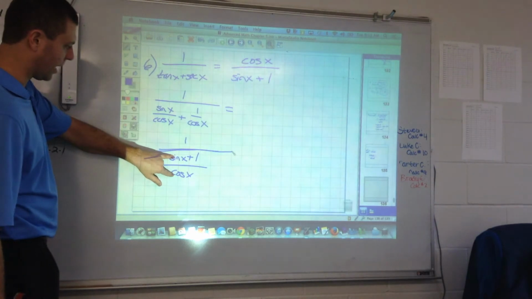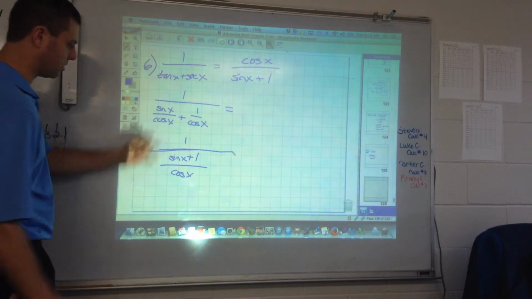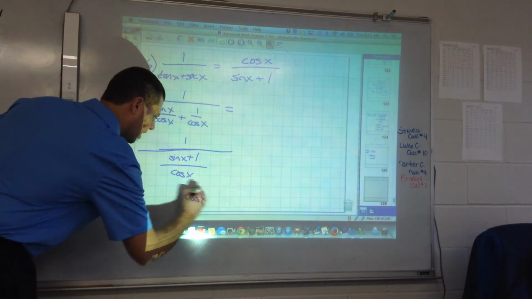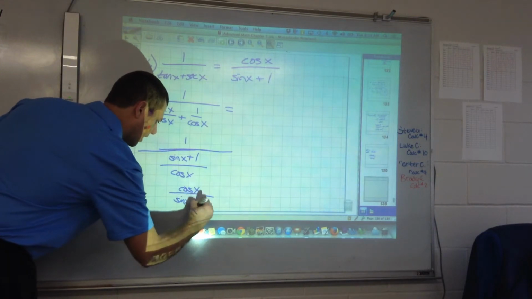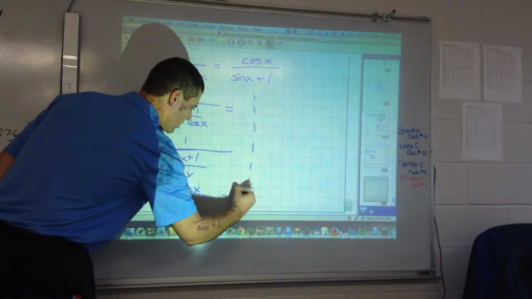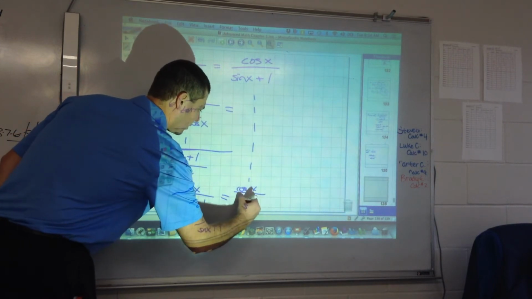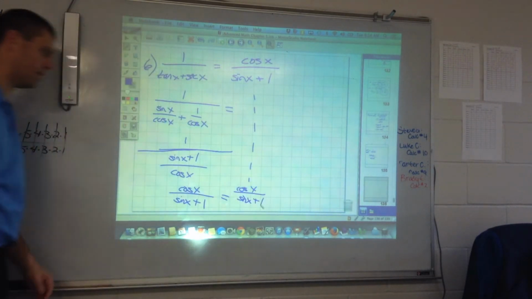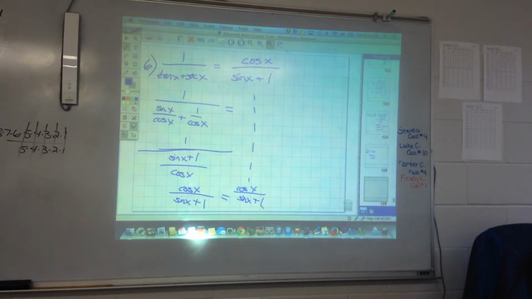If I multiply 1 by the reciprocal, I'll get cosine x over sine x plus 1. Definitely something that you guys could have gotten doing it that way as well.